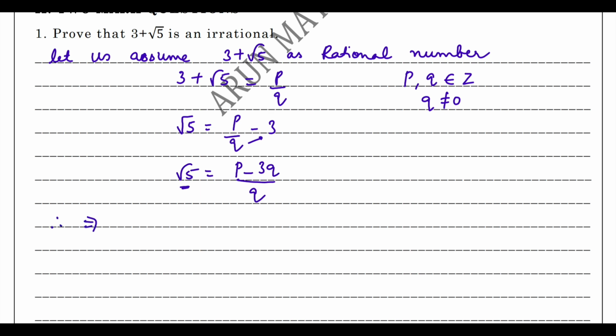This implies that root 5 is rational, because p minus 3q by q is rational.